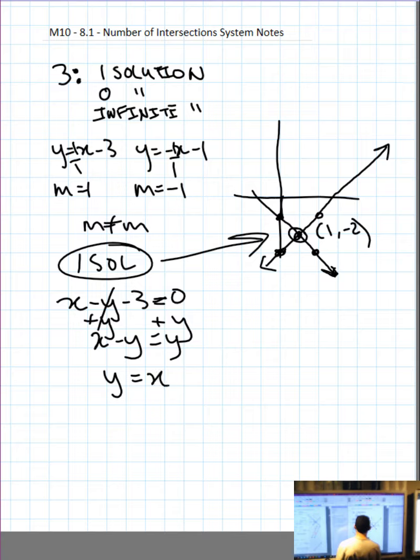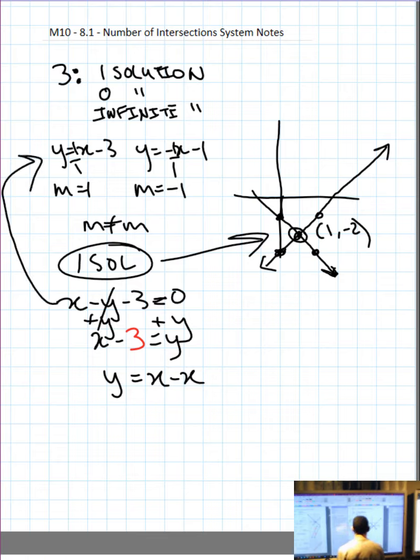Above it should say x minus 3. I'm going to correct that in red. Obviously, it said x minus 3 above, and that hadn't changed. So then I'm going to mirror it. So we have y equals x minus 3. And that's how we can get from our standard form back to slope-intercept form, so we can see what the slopes are.